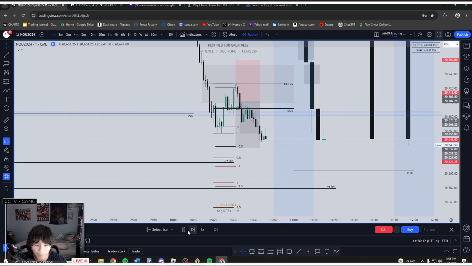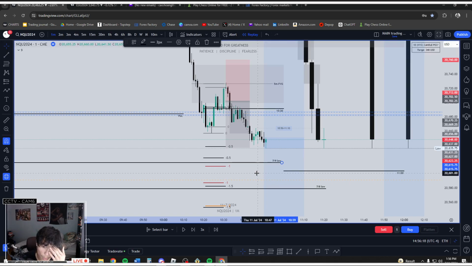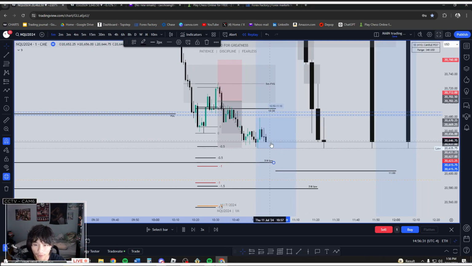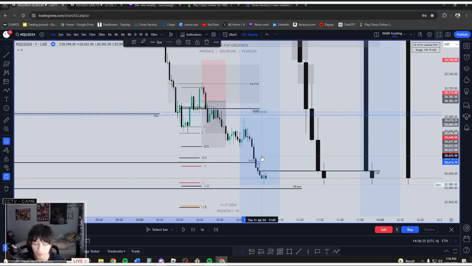We kind of meandered around here, and I took off my entire size, or I turned off the whole trade at the July 9th low. So after we take out the July 9th low, I just terminated my trade.